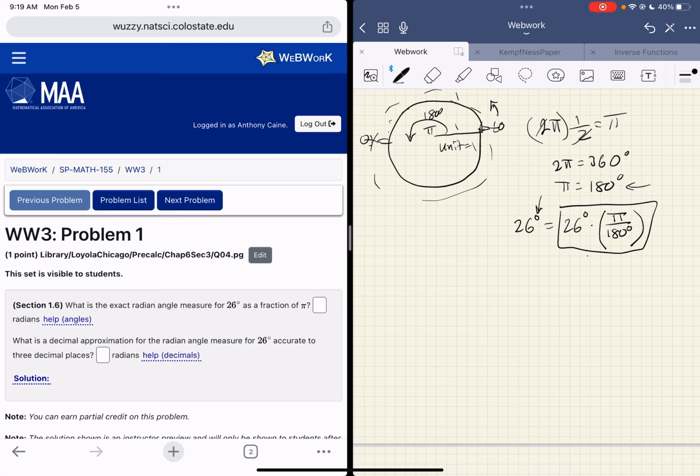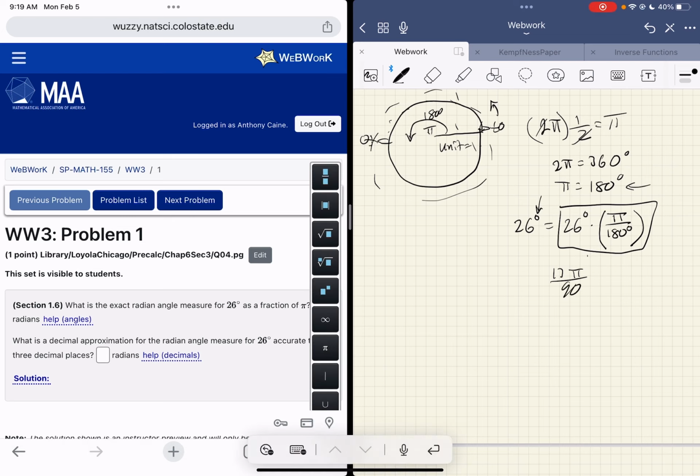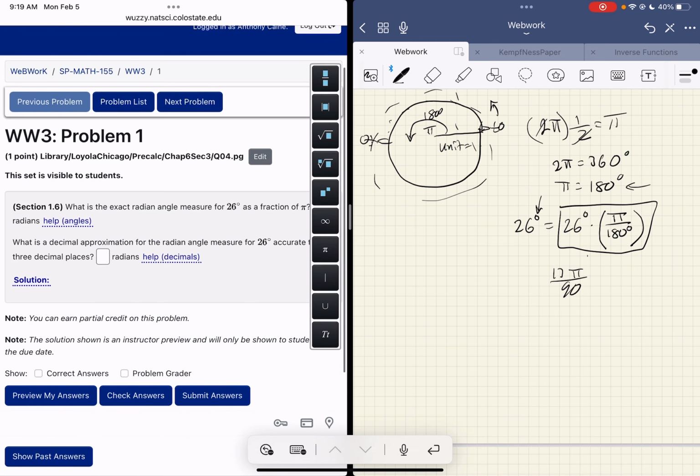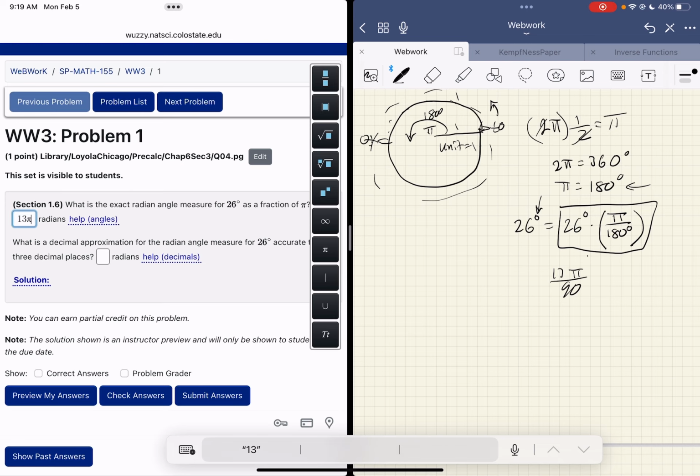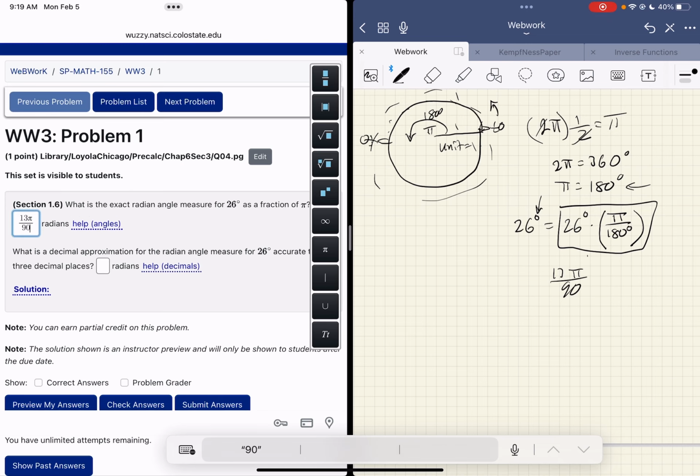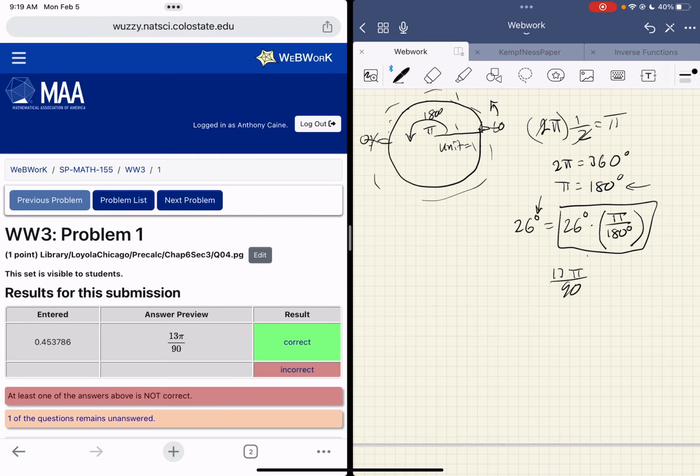What's 26? 26 is 13 times 2, and 13 is a gross prime number, so this is not going to reduce very nicely. It's 13 pi over 90, and that's about as far as we can get. So if I entered that here, it would say it's correct. For the sake of the video, we got 13 pi divided by 90. Let's submit, and there it is.